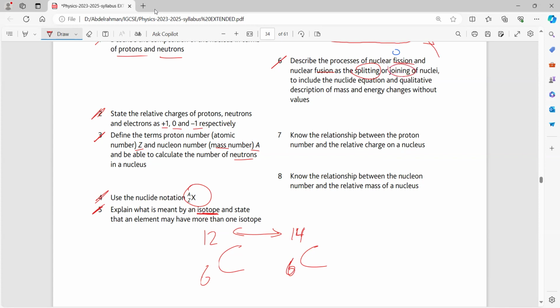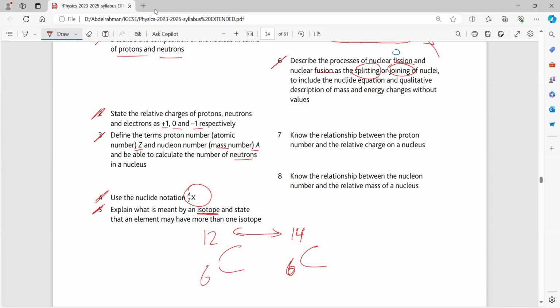Fusion is the joining of smaller atoms such as hydrogen. We join 2 hydrogen atoms to produce a helium atom. Fission, splitting; fusion, joining. Both of these processes give off huge amounts of energy.